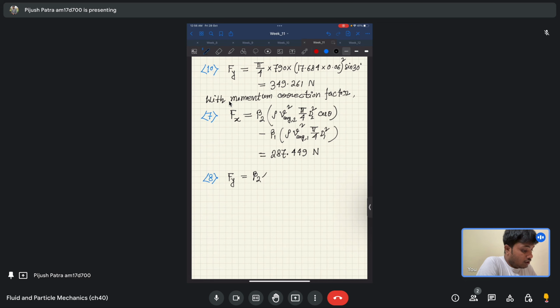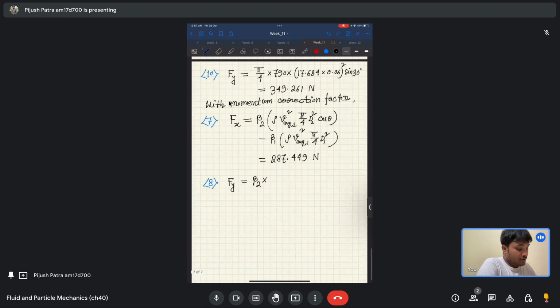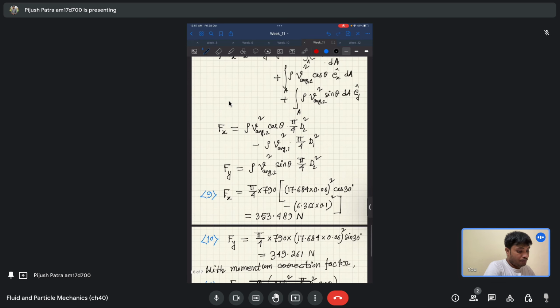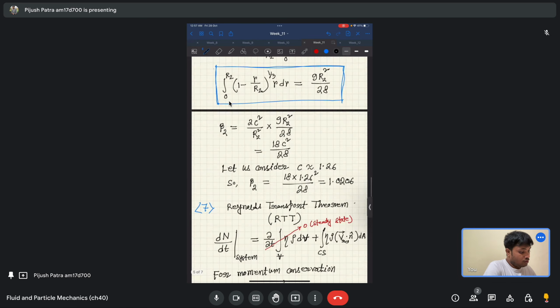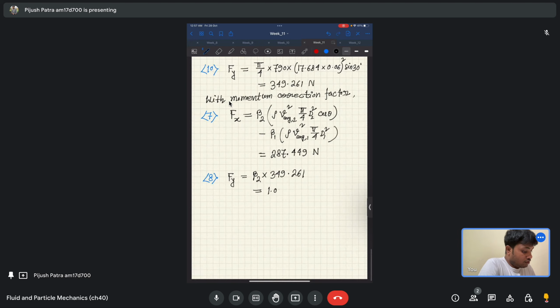So this is beta 2 into the same quantity. So it is beta 2 into 349.261. What is beta 2? I calculated 1.0206 into 349.261.